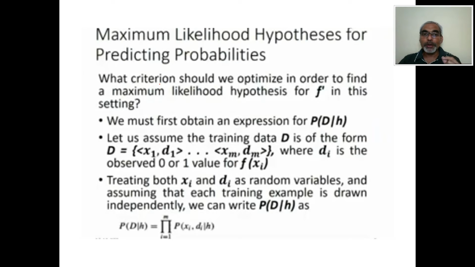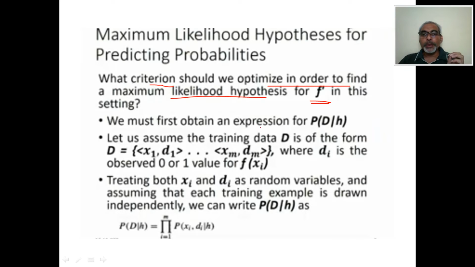Now our question is, what criterion should we optimize in order to find a maximum likelihood hypothesis? What criteria do we have to optimize so that we get a maximum likelihood hypothesis for this f dash? How we are going to come up with that particular equation, we will see.